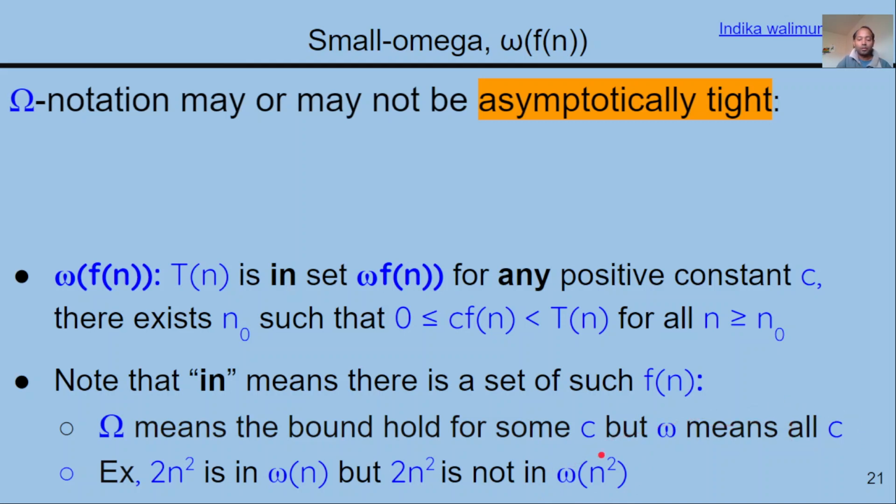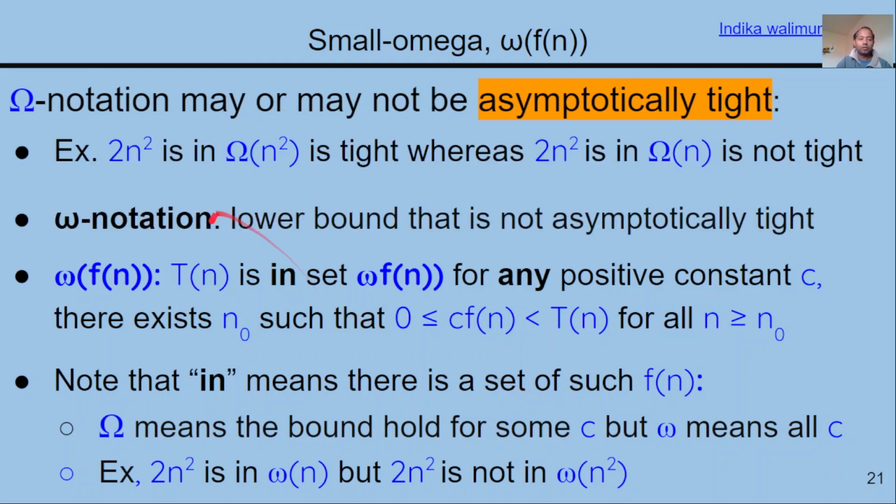So we cannot say 2 times n to the 2 is in small omega of n to the 2. We can say 2 times n to the 2 is in big omega of n to the 2. That's what we said earlier, right here: 2 times n to the power 2 is in big omega of n to the 2.